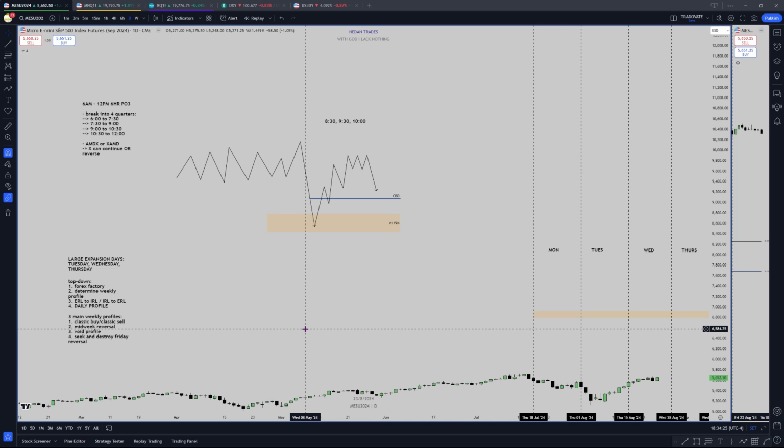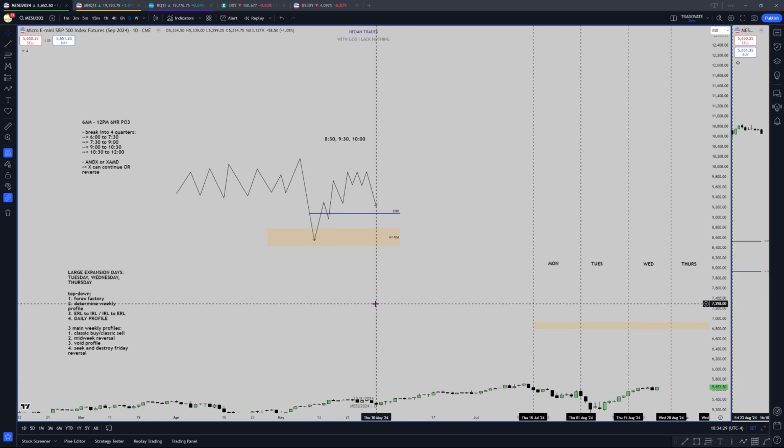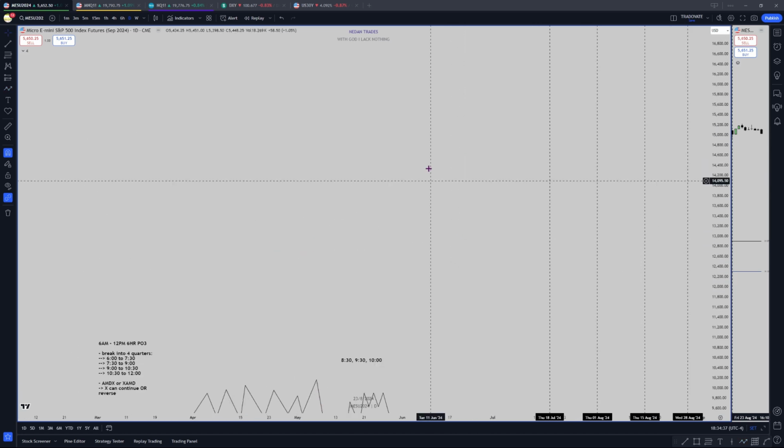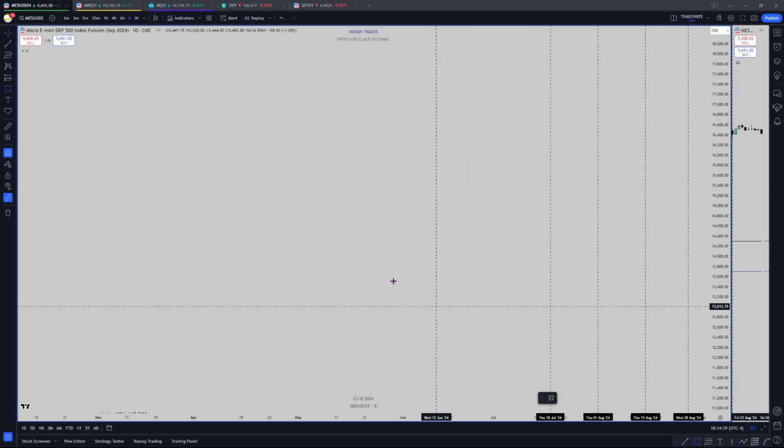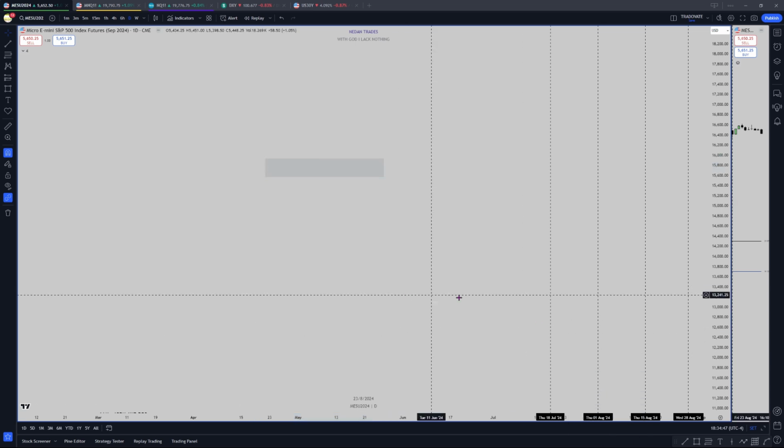How will the Asia sweep? Okay, so let's say Asia forms the high of the day. Let me put it up here actually. So we reach our higher time frame objective the day before on, let's say, a Tuesday.